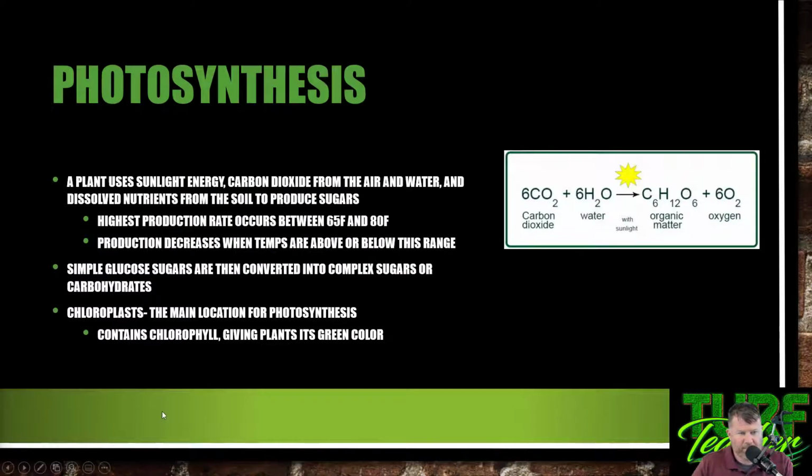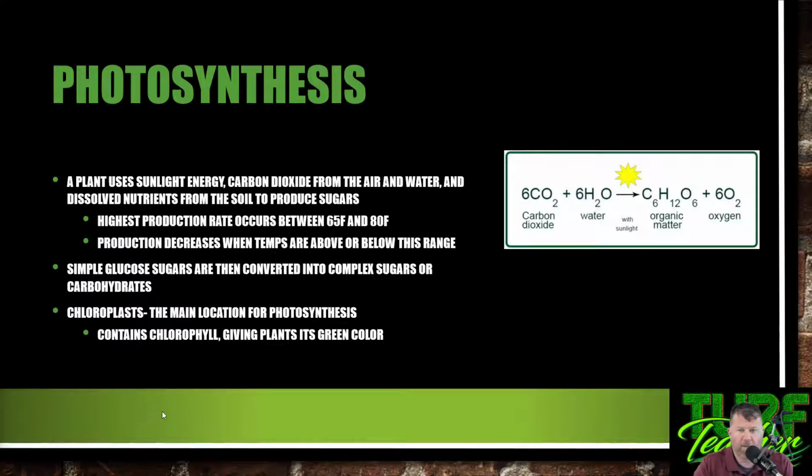With photosynthesis, and there you have the equation. A plant uses sunlight energy, carbon dioxide from the air and water, and dissolved nutrients from the soil to produce sugars. The highest production rate occurs between 65 and 80 degrees Fahrenheit. Production decreases when temperatures are above or below this range.